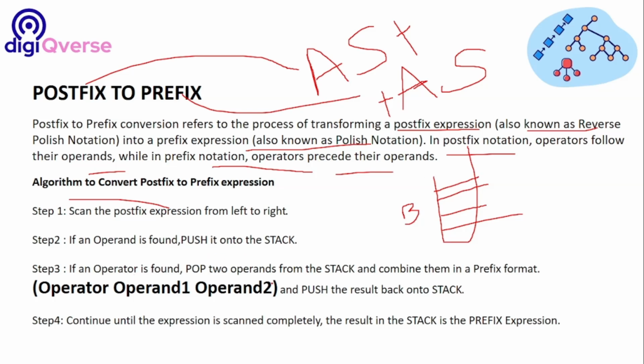If an operator is found, pop two operands from the stack, just like in the previous example, and combine them in prefix format, because we want the conversion into a prefix expression. So we define the operator, operand 1 and operand 2, and push the result back onto the stack. Continue until the expression is scanned completely, and the result in the stack will be the prefix expression, right?